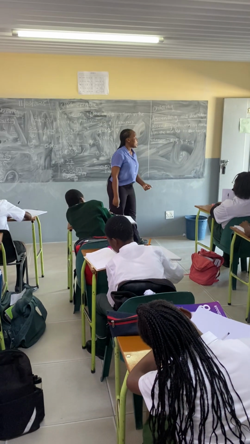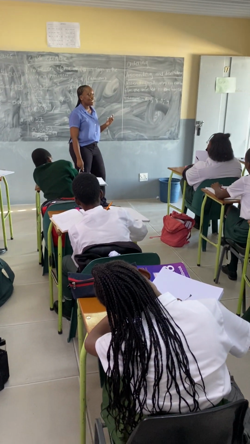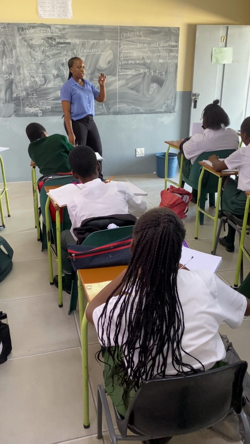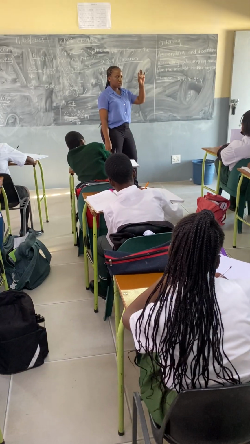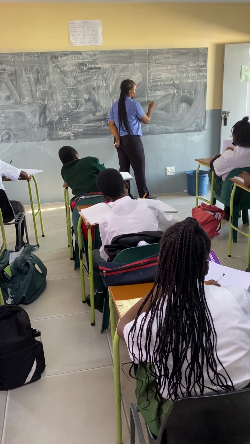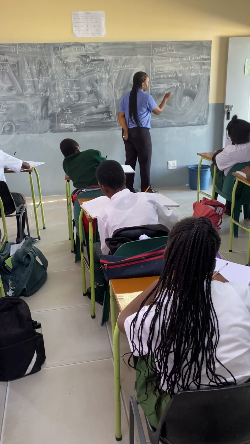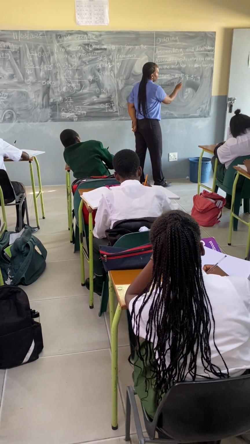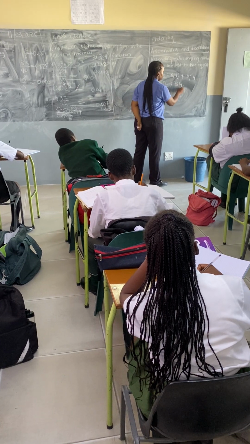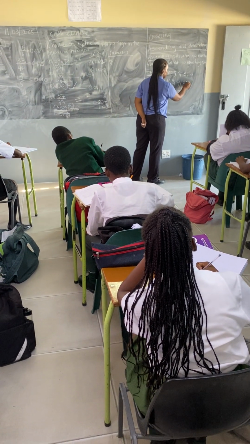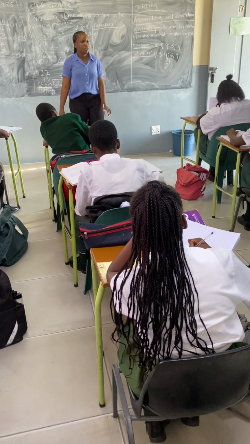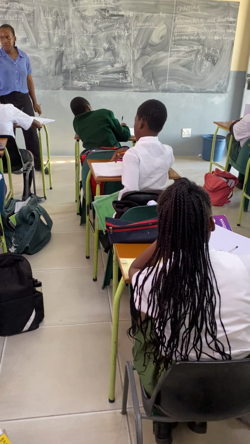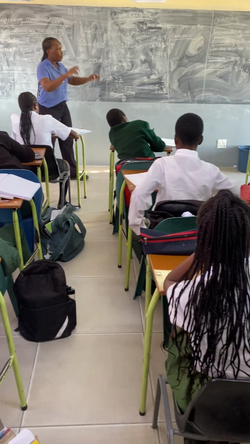You are supposed to arrange those numbers in an ascending order, from small to big. So, what will be our solution here? You will have 1, 3, 4, 6, and 9. You have arranged them from the smallest to the biggest. That is ascending. You are coming from small and you are increasing, going up.